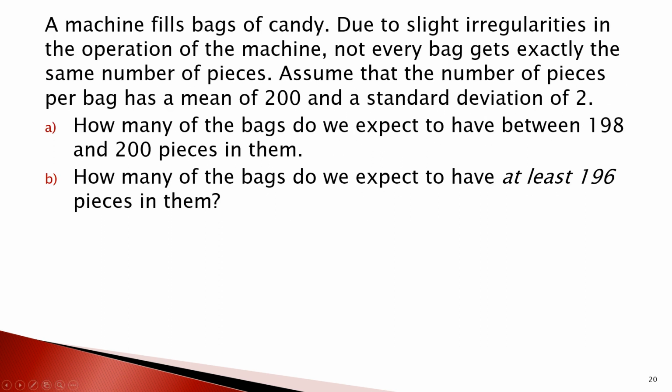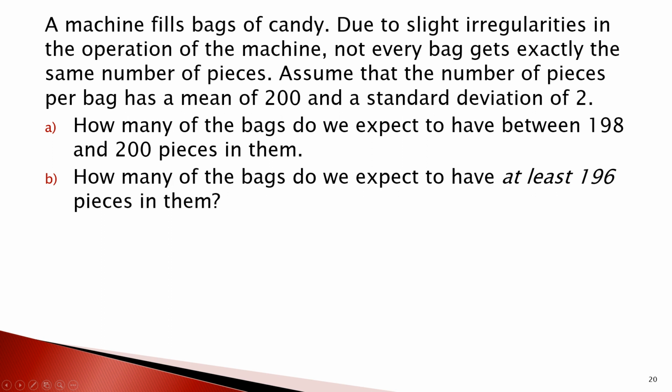What we are going to do is, guys, so first of all, look at that. The mean is 200, standard deviation is 2. So this is not a standard normal distribution. This is a normal distribution, but not standard. So we need to convert to a standard normal distribution. So how do we do that? We have two numbers here.